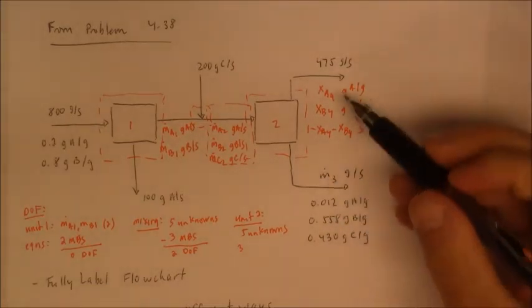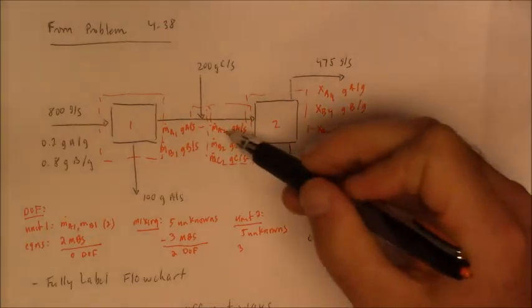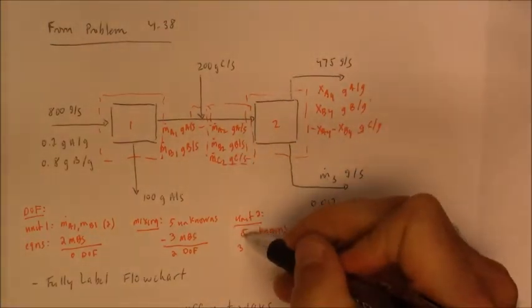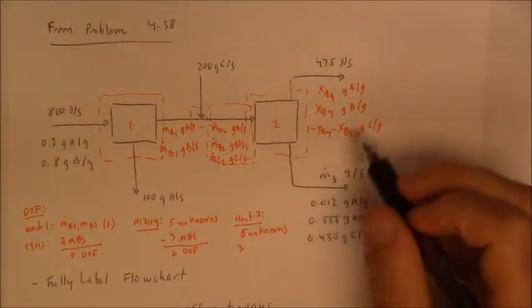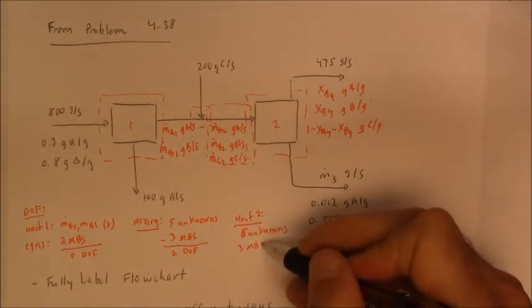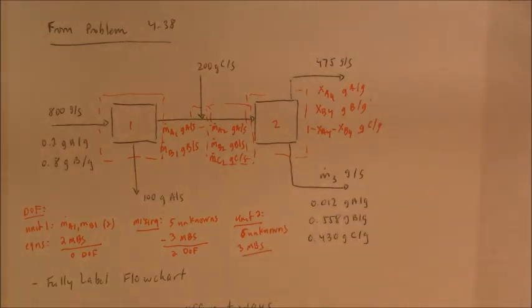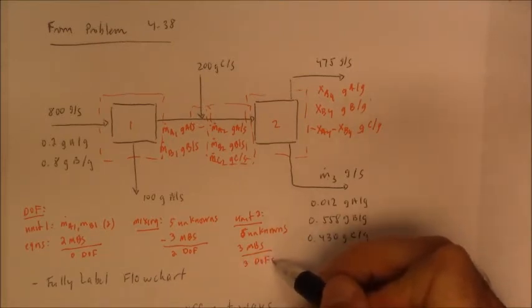We have 6 unknowns: 1, 2, 3, 4, 5, 6. Now we still have 3 species, so we can write 3 material balances. So here, it looks like we would have 3 degrees of freedom.